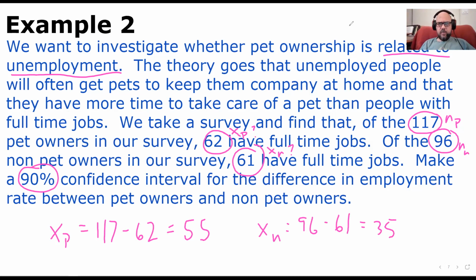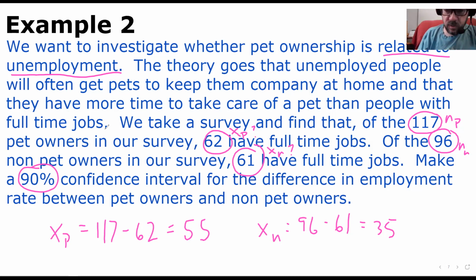Now, theory goes that unemployed people will often get pets to keep them company at home, and that they have more time to take care of a pet than people with full-time jobs. So the theory here is that unemployed people would be more likely to have pets than people with full-time jobs. So I'm going to do non-pet owners minus pet owners.